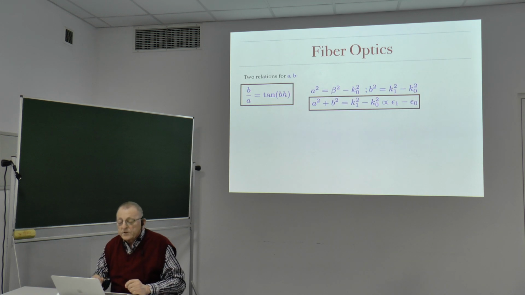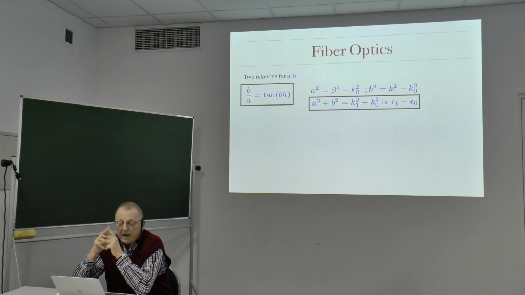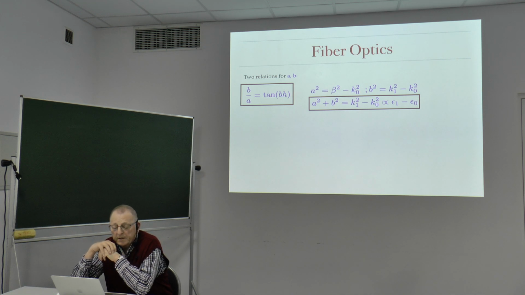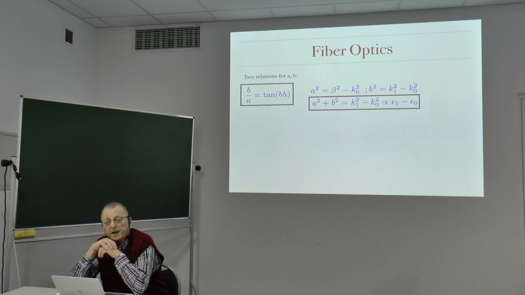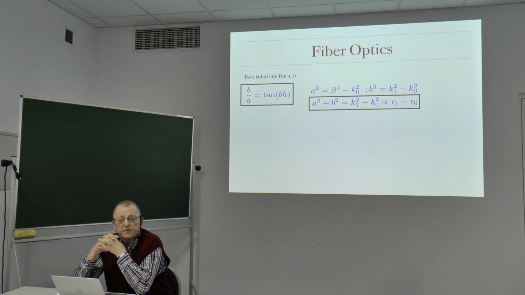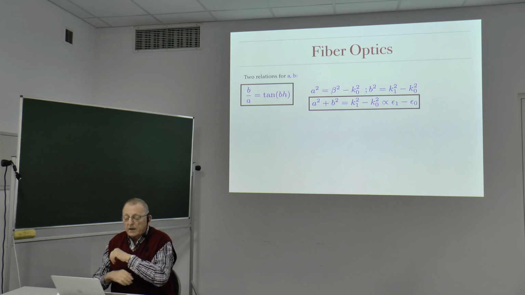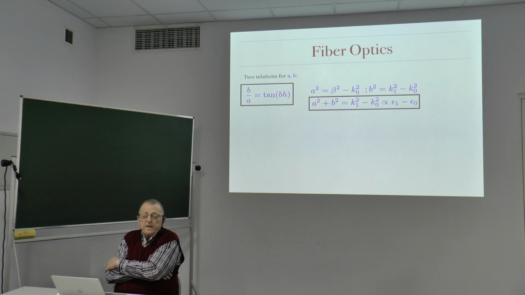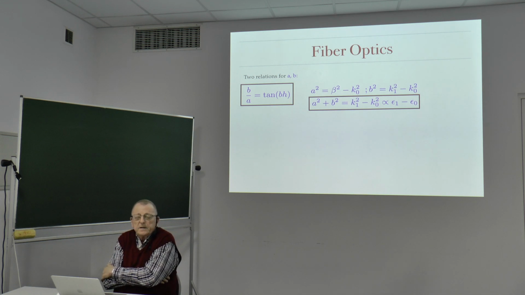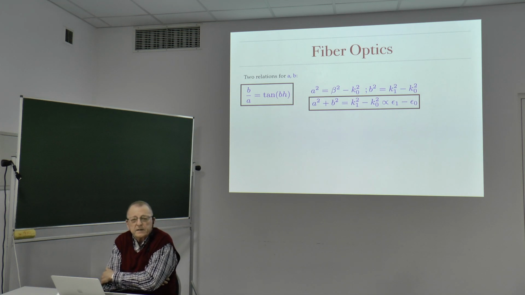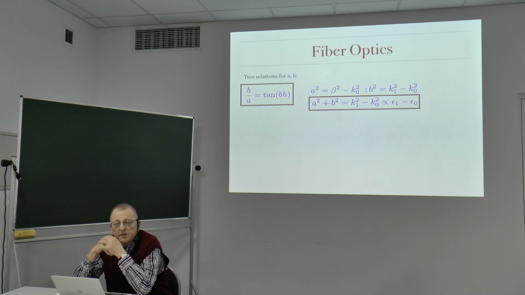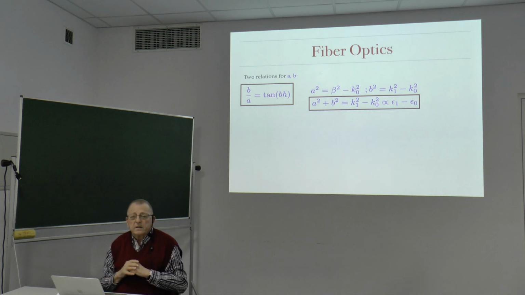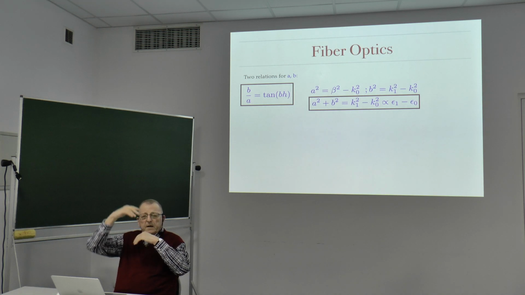All right? So I have b and a, and I also have a definition of what A and B are. If I use the definition of these coefficients, I find that A squared plus B squared is equal to k1 squared minus k0 squared. Because k squared is proportional to the dielectric coefficient, A squared plus B squared is proportional to the difference of the dielectric constants inside the slab and outside.